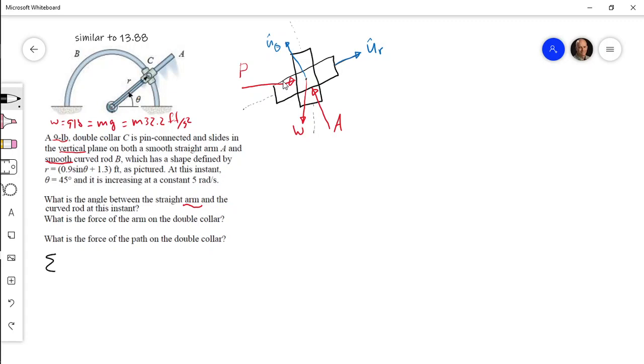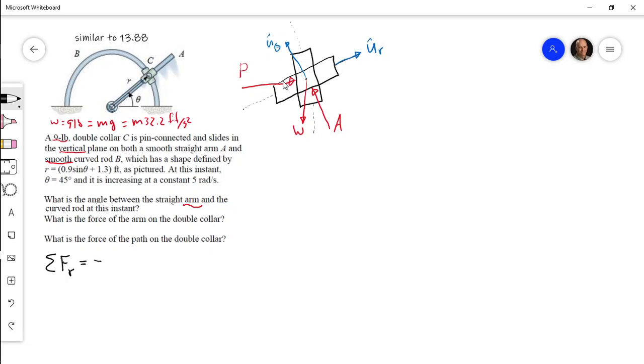We can sum the forces in, let's do the radial direction first. And we have, alright, the weight is downward, whereas this is slightly upward.